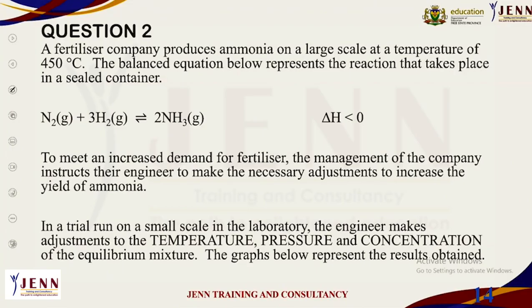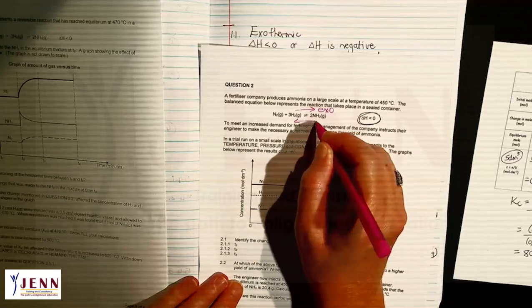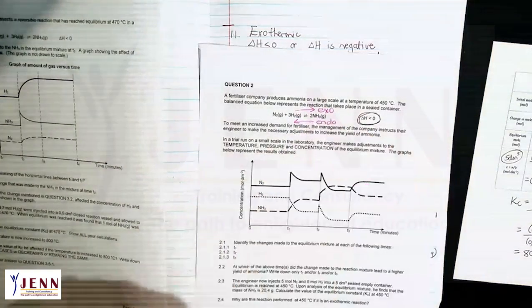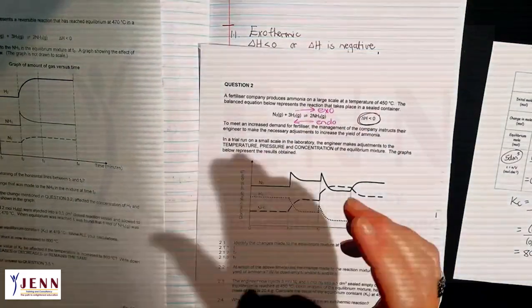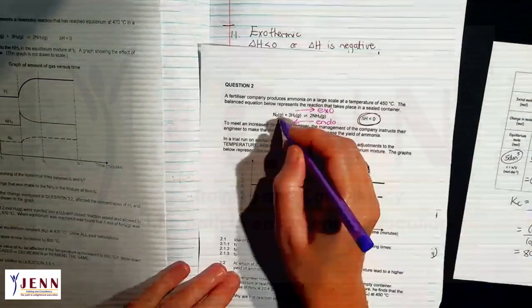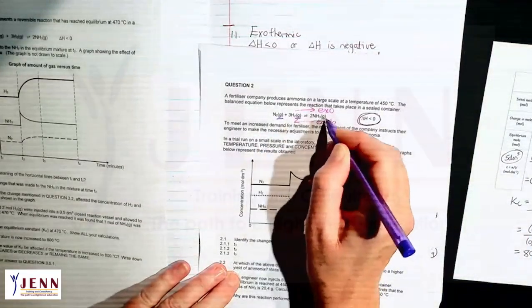Okay, first thing, if I look at the reaction first, you will see delta H is smaller than 0. Okay, that's my first thing. So that means it's exothermic, so the forward reaction will be exothermic and the reverse reaction will be endothermic. So I've done that. And then the other thing is they're all gases.